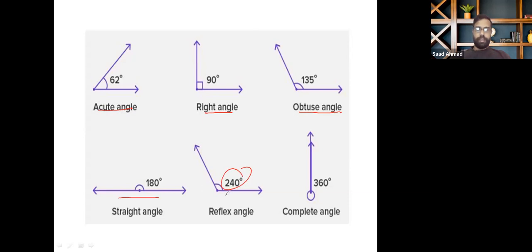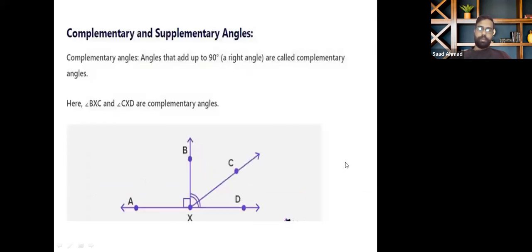The 240 is the red angle, the bigger side. And this is 360. 360 means a complete circle: from where you started, you ended there.